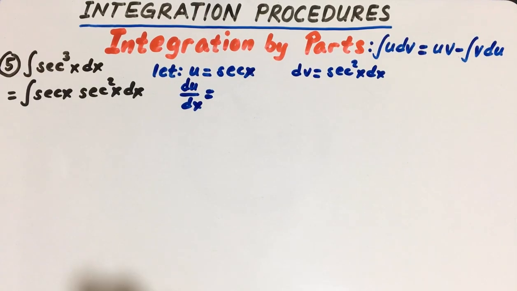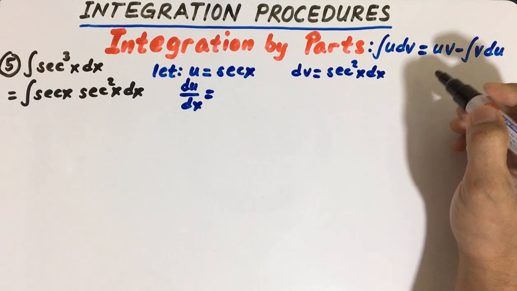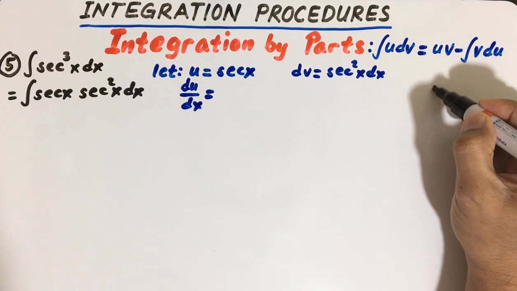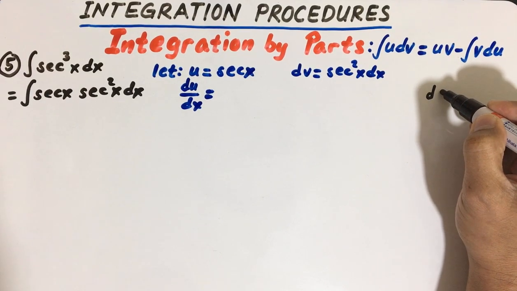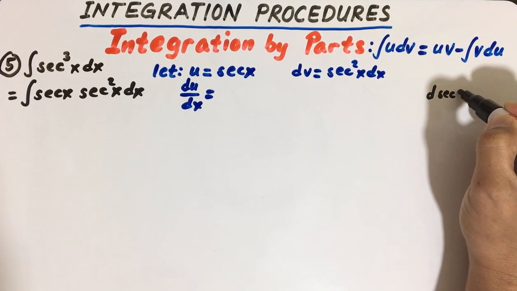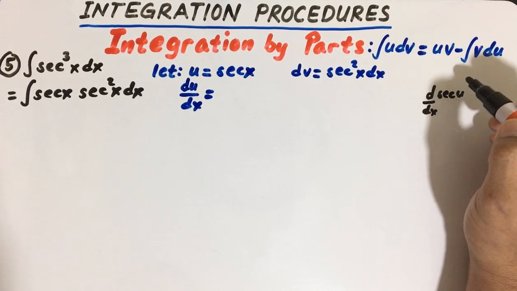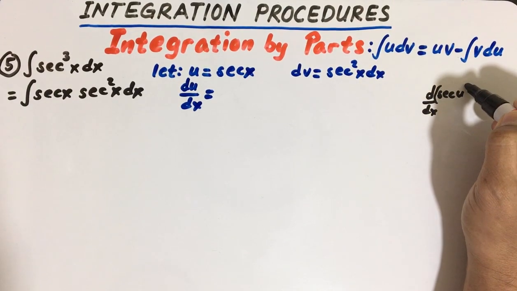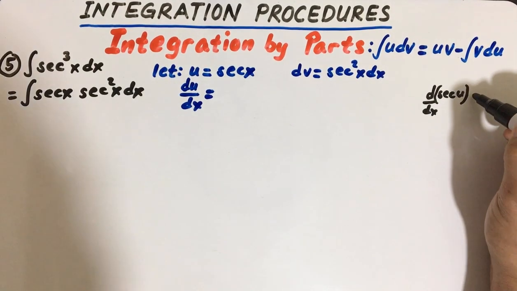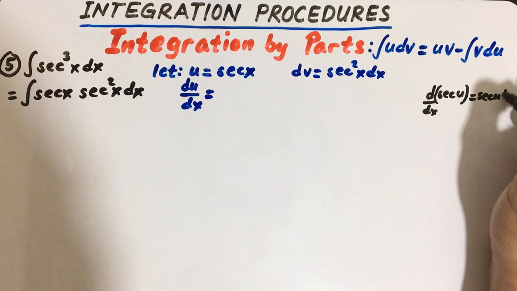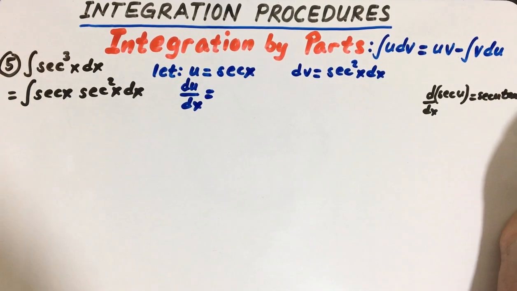Still remember from differential calculus, if you're given the derivative of secant u with respect to x, this is equal to secant u tangent u du.